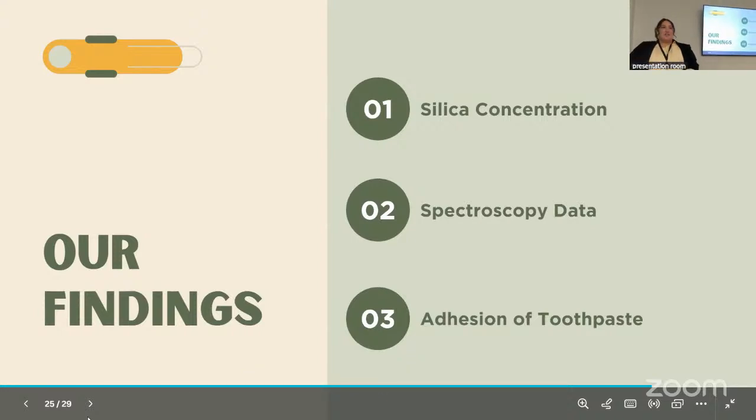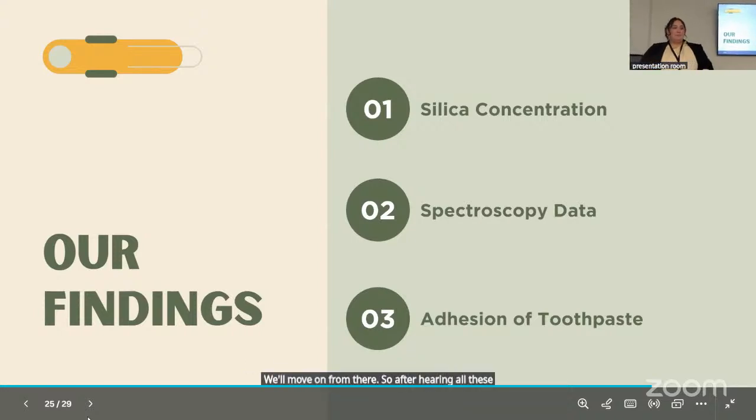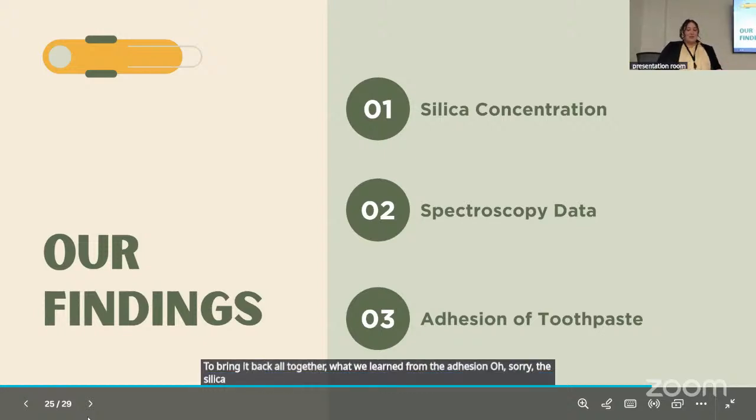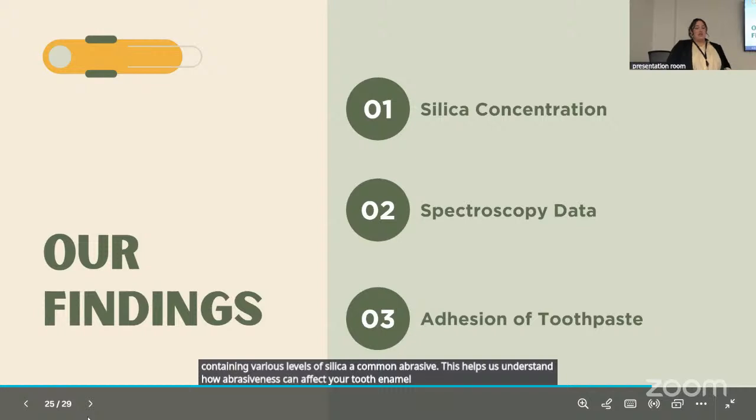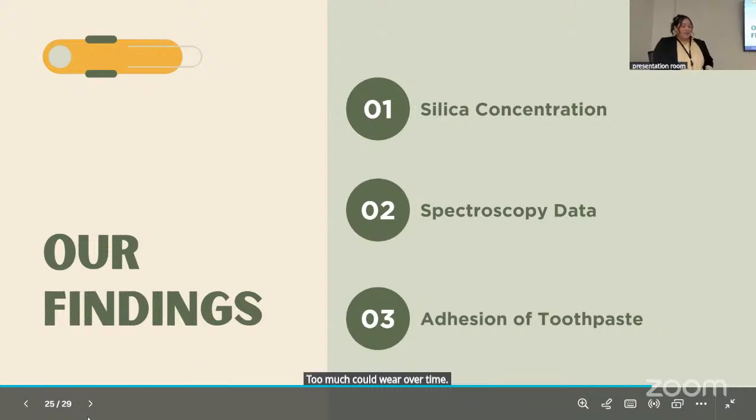After hearing all these sciencey words, to bring it all back together, what we learned from the silica concentration: spectroscopy revealed that different toothpaste brands contain various levels of silica, a common abrasive. This helps us understand how abrasiveness can affect your tooth enamel. Too much could wear it over time. Next is spectroscopy data.